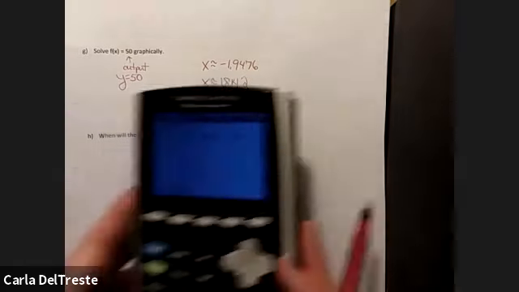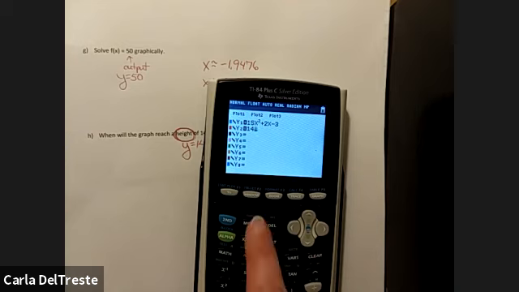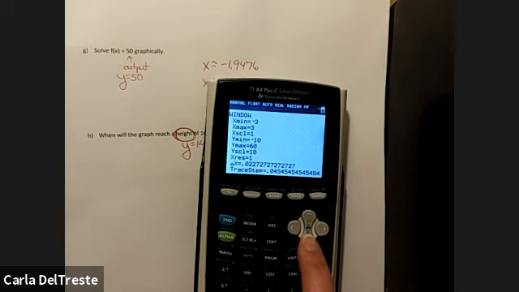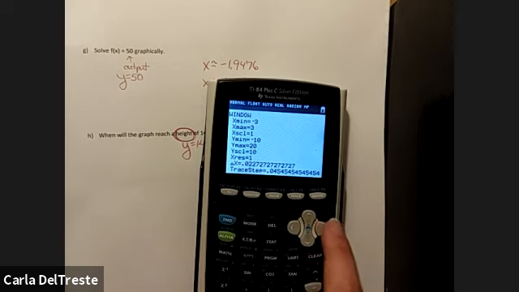So I'm going to go back into my graphing calculator, into Y equals, and instead of 50, I'm going to put 14. I can readjust my window if I want, because I don't have to go as high anymore. So maybe I'll bring it down to 20 for my Y max.